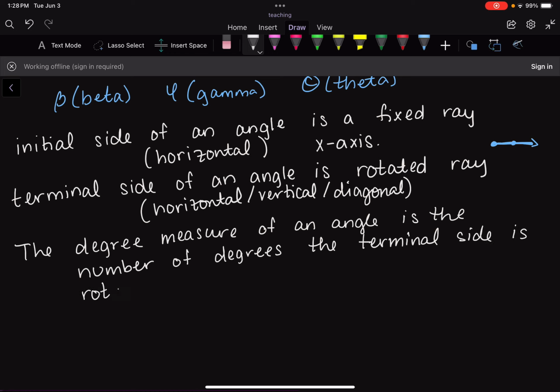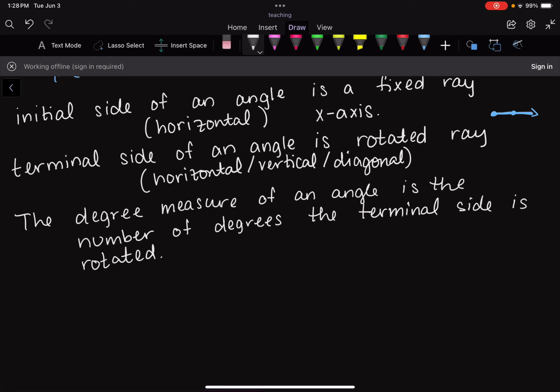I'm going to read that again. The degree measure of an angle is the number of degrees the terminal side is rotated. So it has nothing to do with that fixed side because that's not going to move. It's always going to look the same. Our fixed side is always going to be here. But the size of our terminal side will determine the measure of our degree.